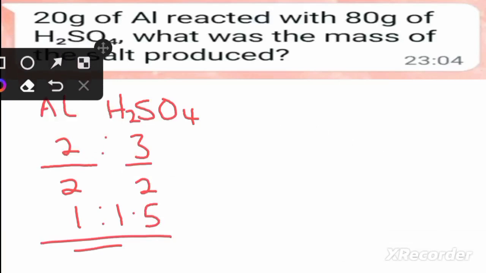Now let us find the number of moles of aluminium, according to the mass given. The number of moles is equal to mass over molar mass.